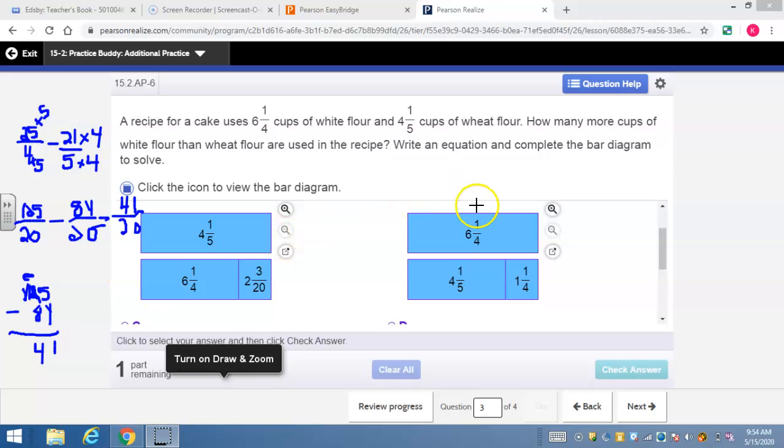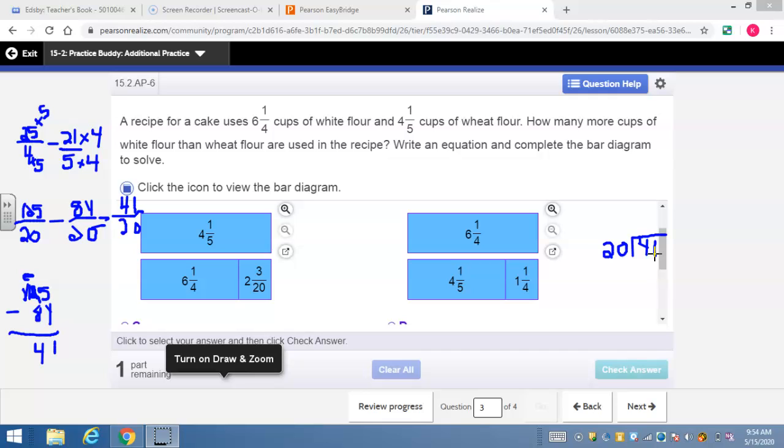Okay, how do I do that? Well, I need to divide. I've got 41, and I'm going to divide it by 20. So how many times would 20 go into 41?